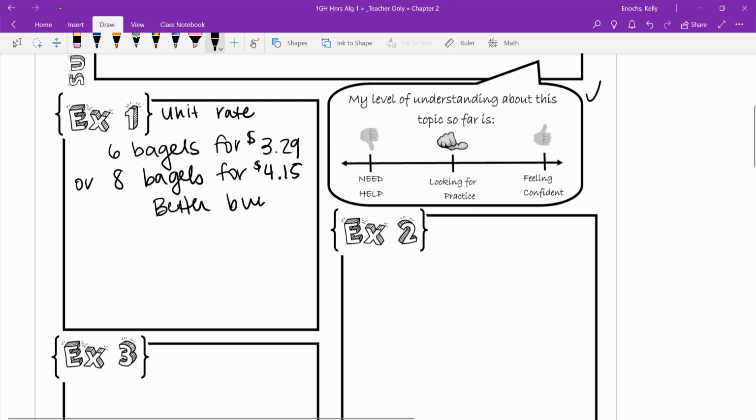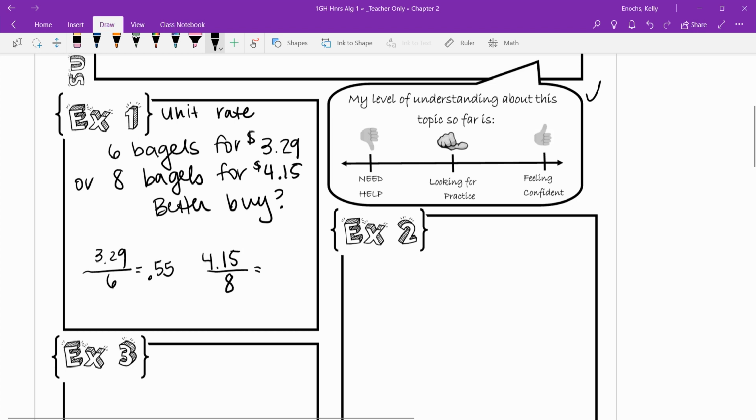The easiest way to decide which one is the better buy is to find your unit rate. So take $3.29 and divide by 6, and then $4.15 and divide that by 8, and in each group you'll get the unit rate. 329 divided by 6 is going to end up being 0.4548, so really 0.55 if you round up.